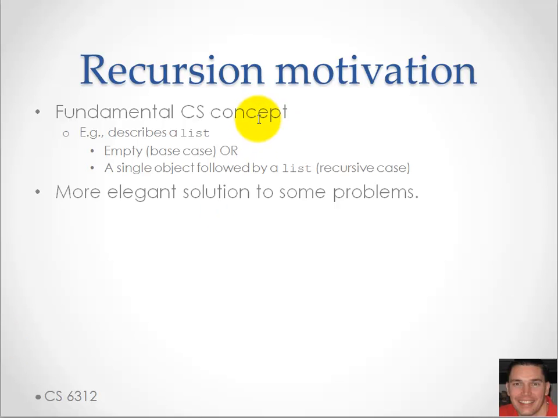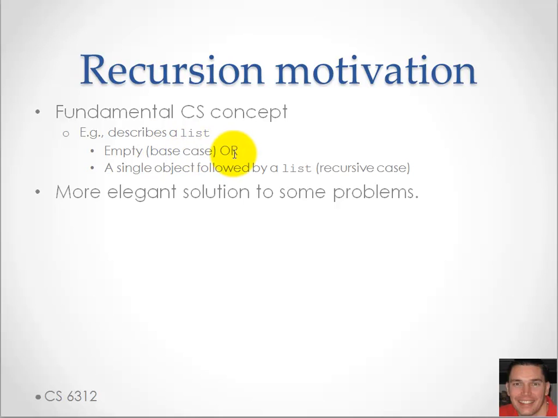What's the idea behind recursion? It is a fundamental CS concept. It can be used to describe a certain type of data structures. For example, we could describe a list recursively. A list is a single object followed by a list. So notice here in my definition of list, I'm using the word list, or it is just an empty list.